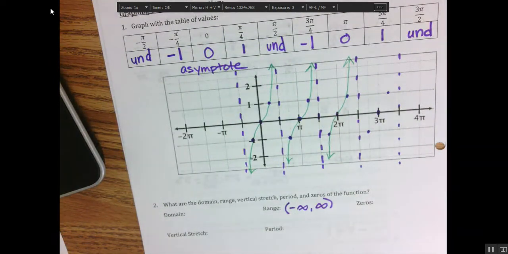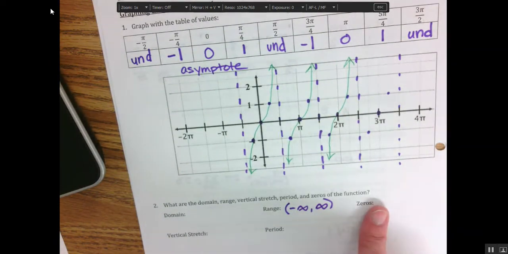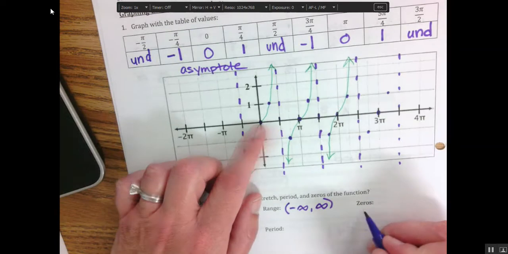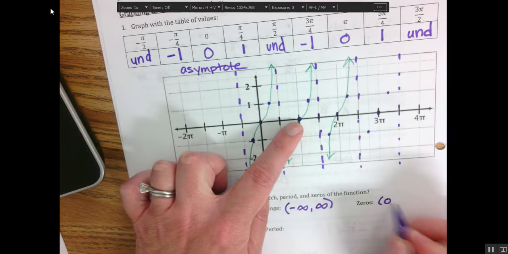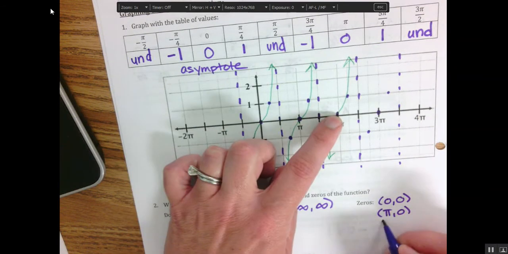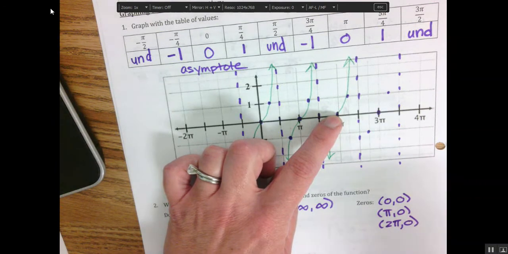Michelle, what'd you get? Okay. 0 at the origin and 0 at pi. Okay. So I got a 0 at 0. And I got pi, 0. And I have another one here too, right? So basically all of the multiples of pi, right? Yep.